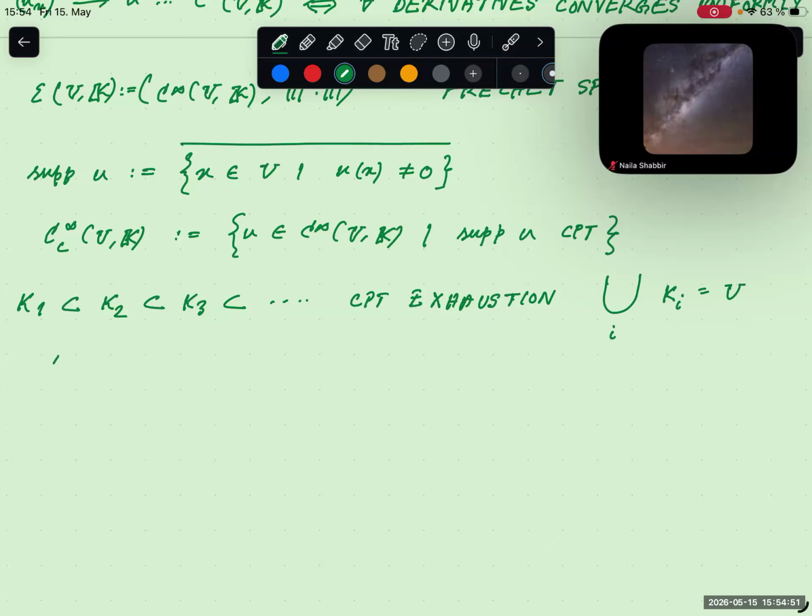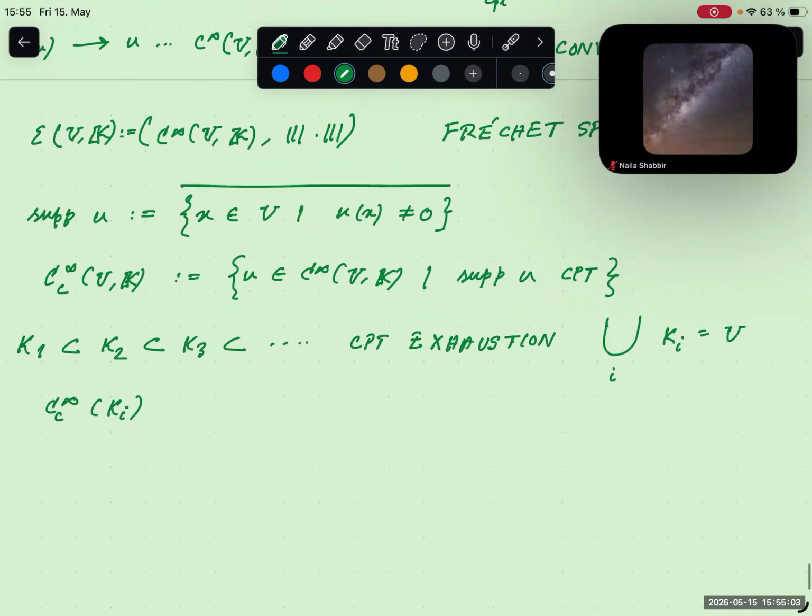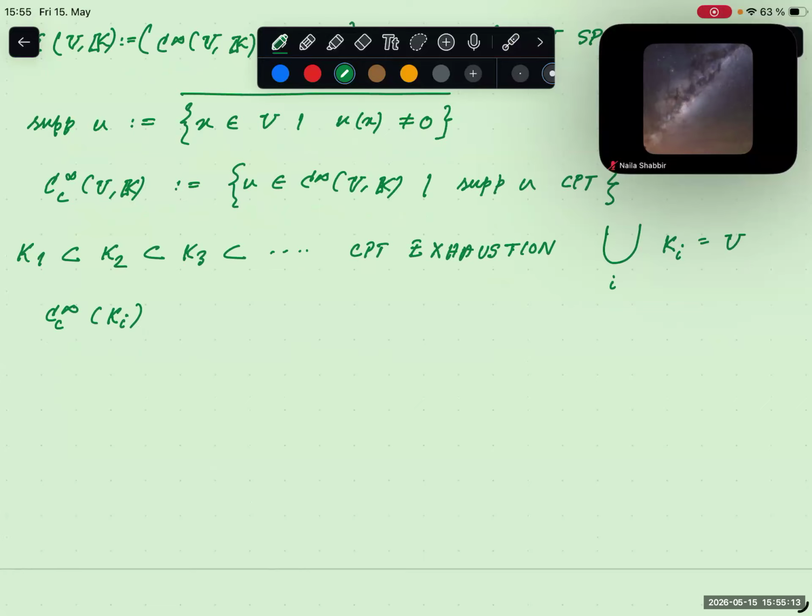If we consider compactly supported smooth functions on any of these K_i, then this is the same thing as before, but now the support of u is in K_i.